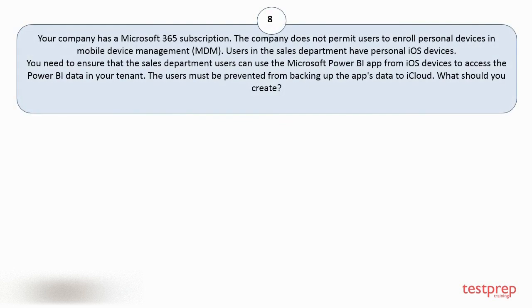Question number 8. Your company has a Microsoft 365 subscription. The company does not permit users to enroll personal devices in mobile device management. Users in the sales department have personal iOS devices. You need to ensure that the sales department users can use the Microsoft Power BI app from iOS devices to access the Power BI data in your tenant. The users must be prevented from backing up the app's data to iCloud. What should you create?